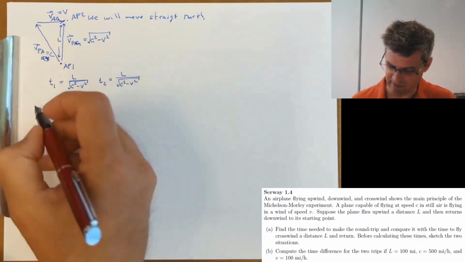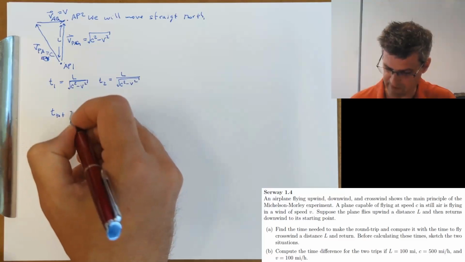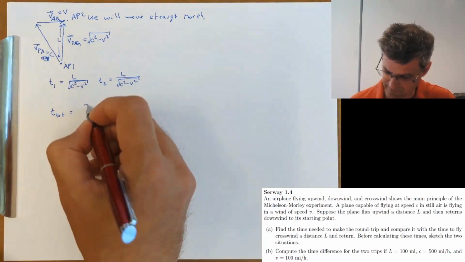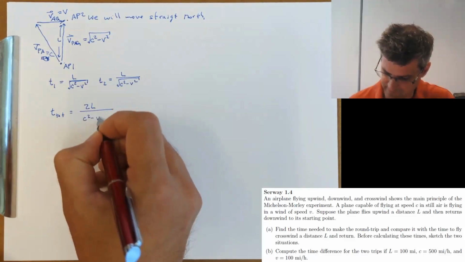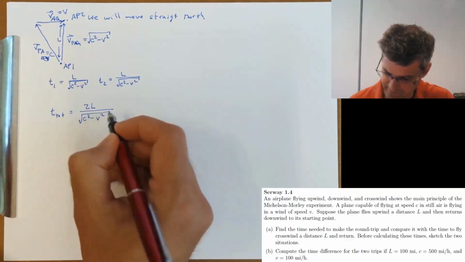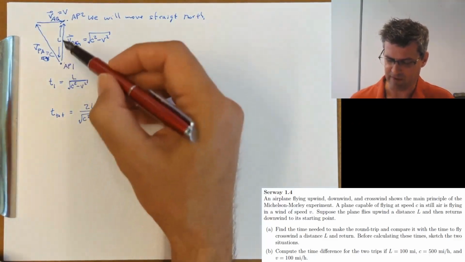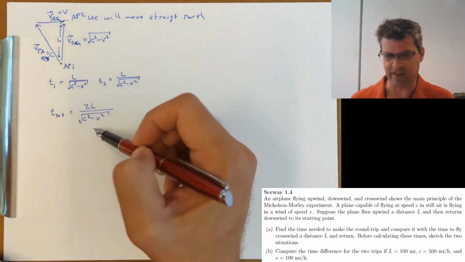So we have this. And if I wanted to find the total time to do this, these two things times 2, that's how long it's going to take to fly from airport 1 to airport 2 back to airport 1 on this day.